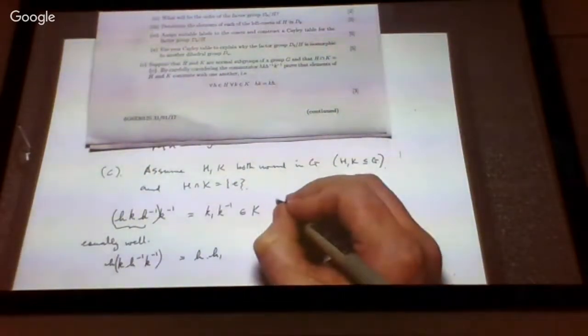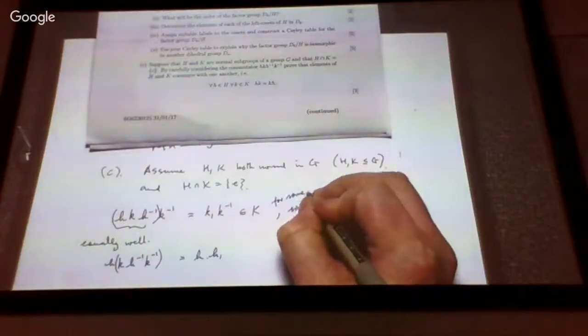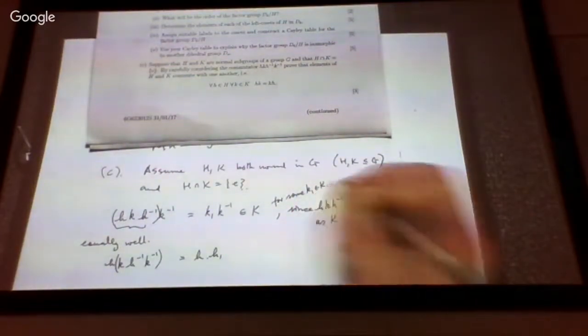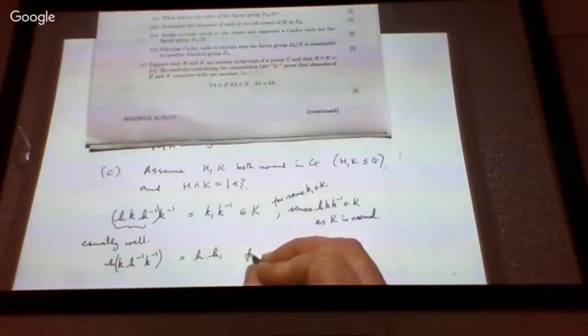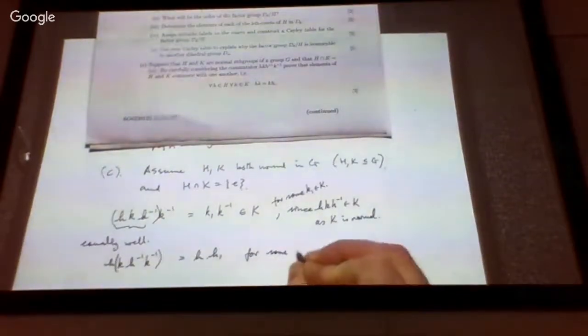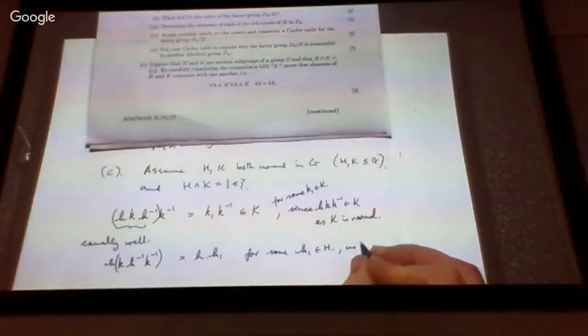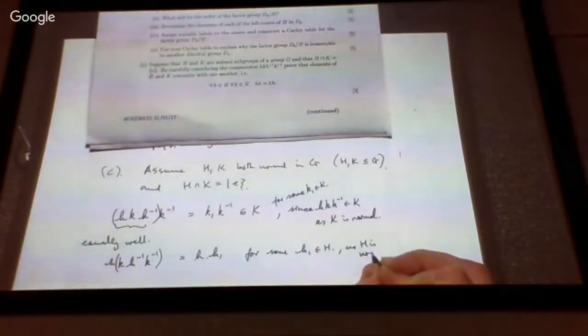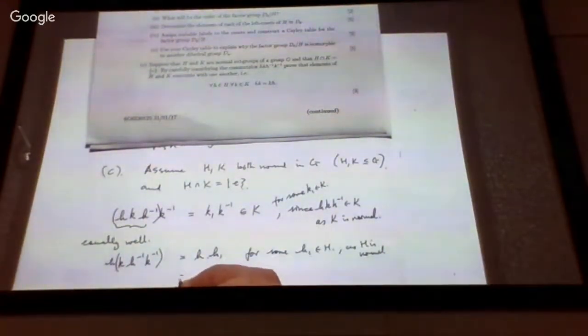So I should have put there, that's true for some K1 in K. So this is true for some H1 in H, as H is normal. But again, that's just an element of H, because it's a product of two elements of H.